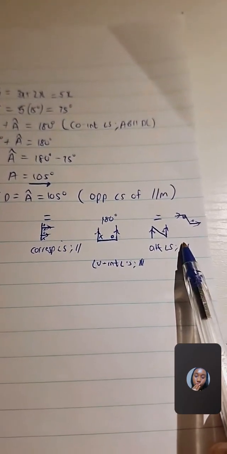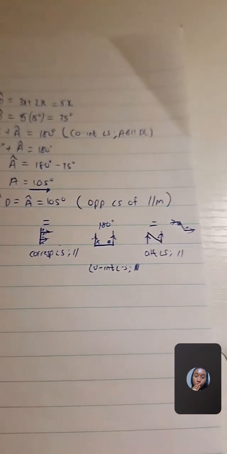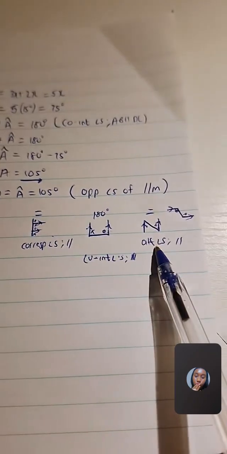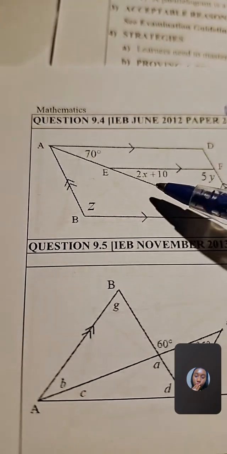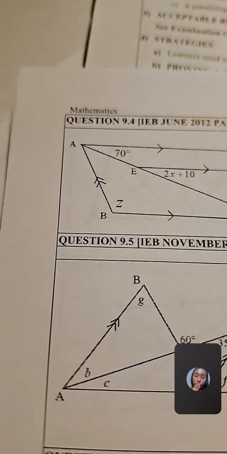Are we together, guys? I hope we are fine. Corresponding, co-interior, alternate. So here you can see that this angle here, which is 70, and that angle there, which is 2x plus 10, are corresponding angles. So what do we say here?